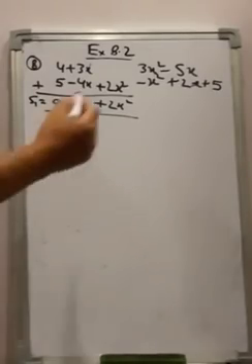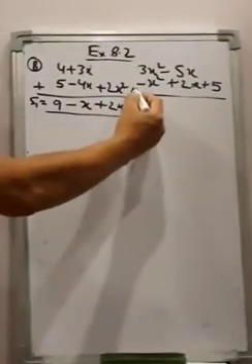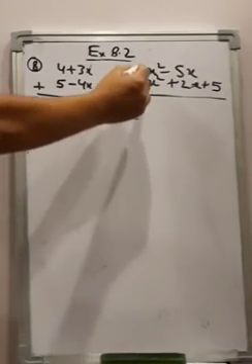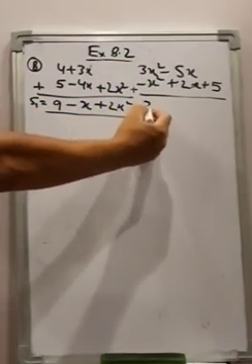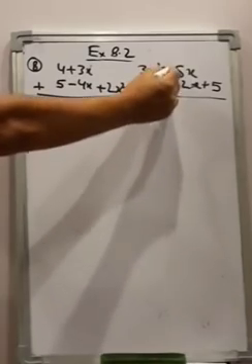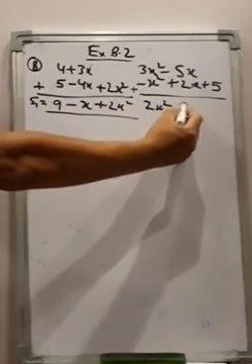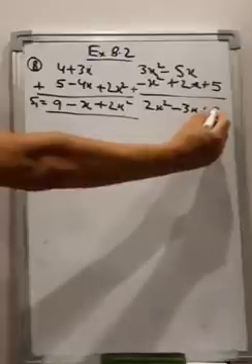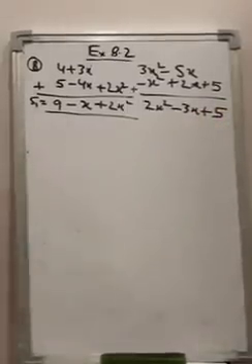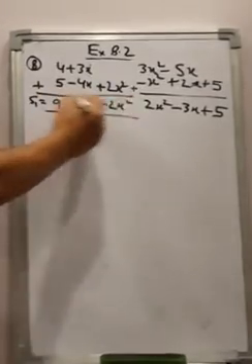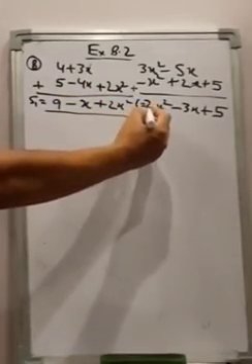So these are the two expressions given, and you have to add again. So in addition, there is no sign change. So 3 minus 1 becomes 2, 2x square, minus 5 plus 2 is minus 3x, and plus 5, right? So we got the two sums, right? This is S1 and this is S2, okay?